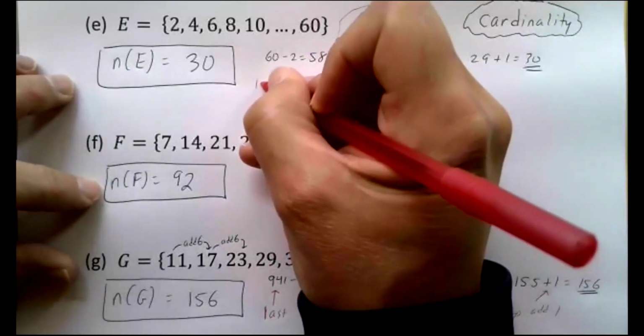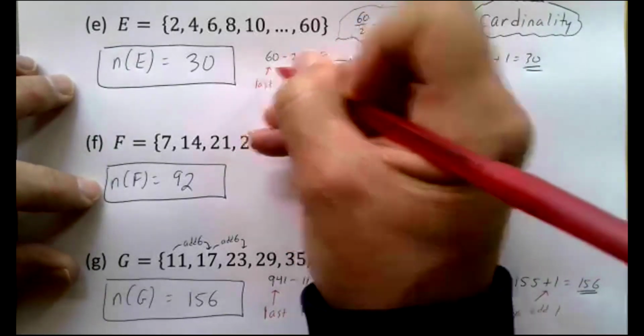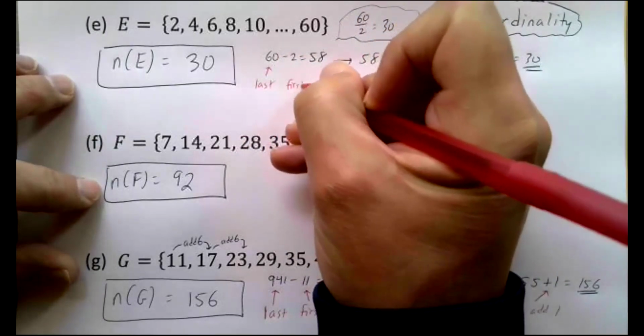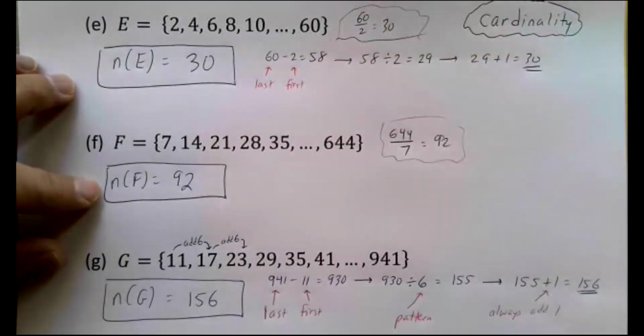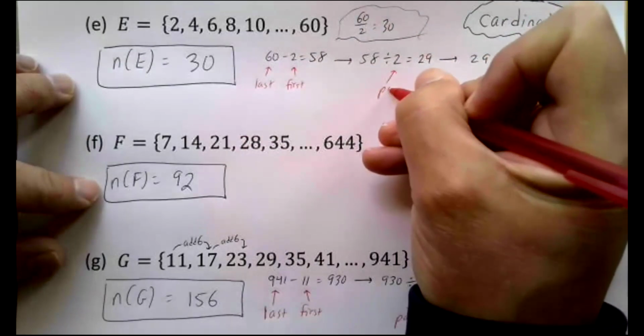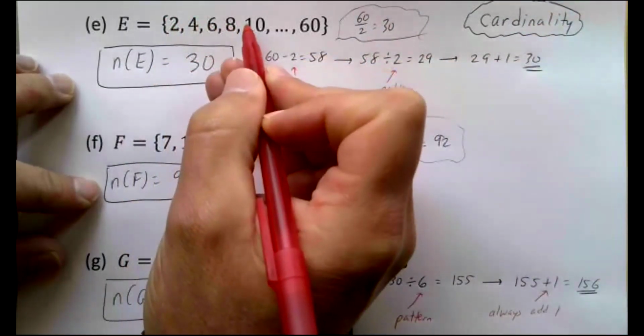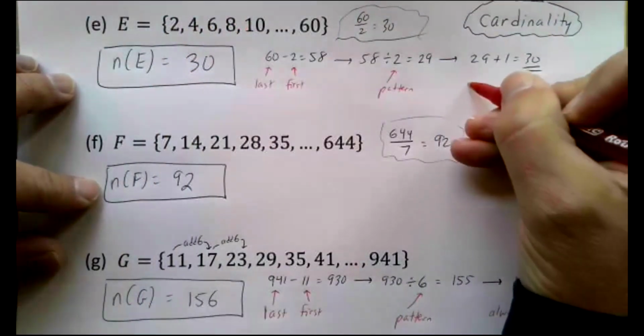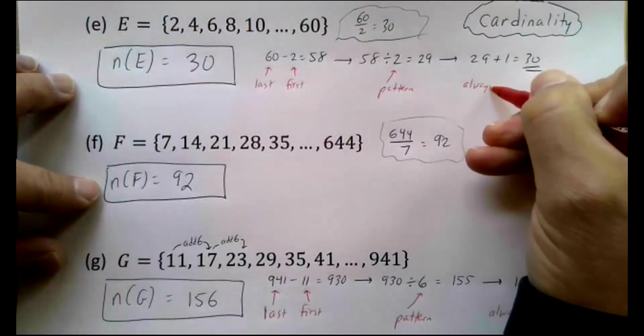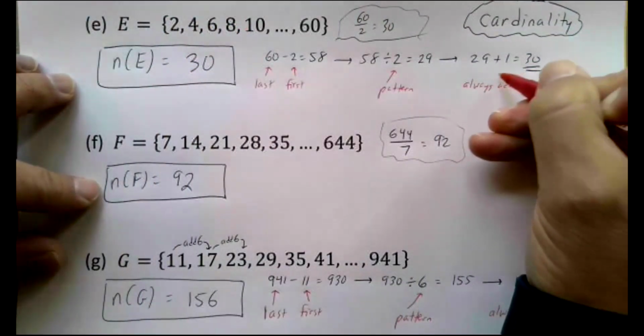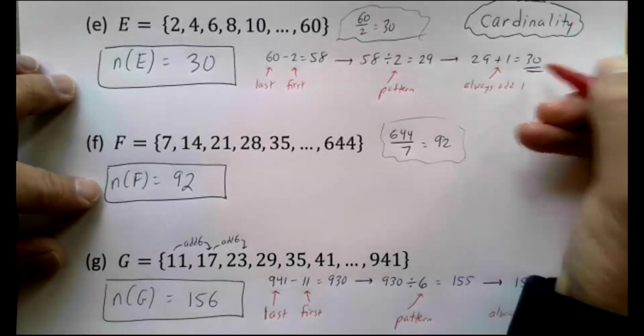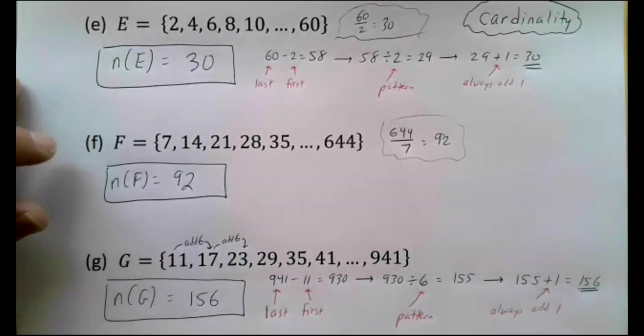We're almost finished, but we took the last number minus the first number. We took that answer and divided by whatever the pattern was. In this case, the pattern is we are going up by 2's. But we always have to add 1 at the end of that to get the correct answer of, in this case, 30, in this case, 156.